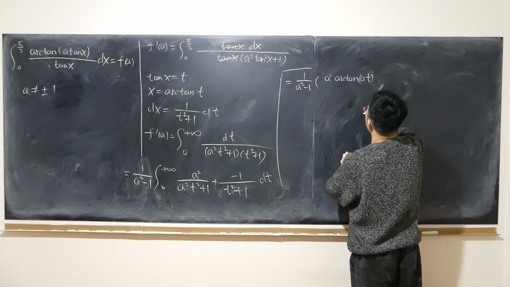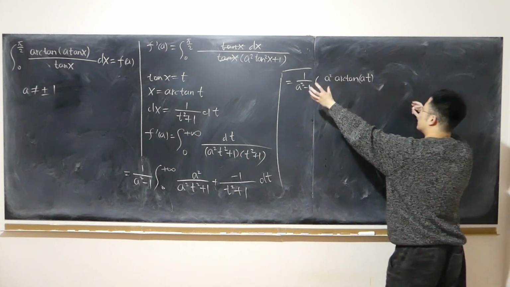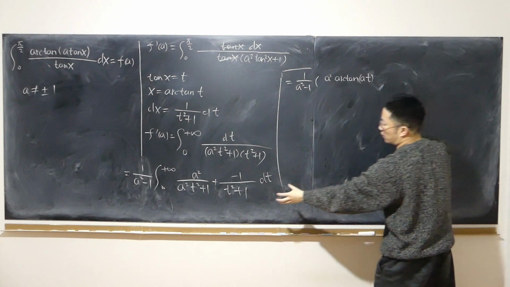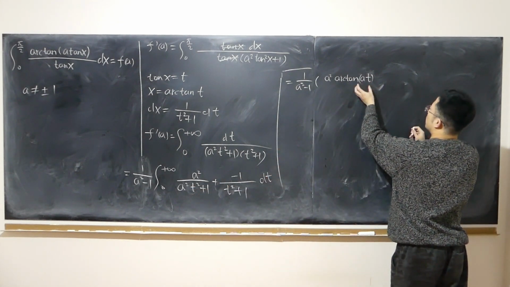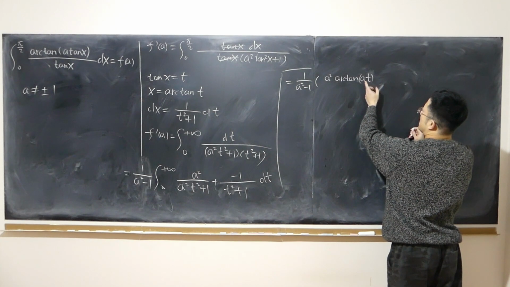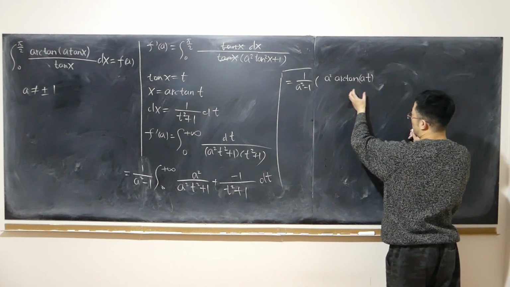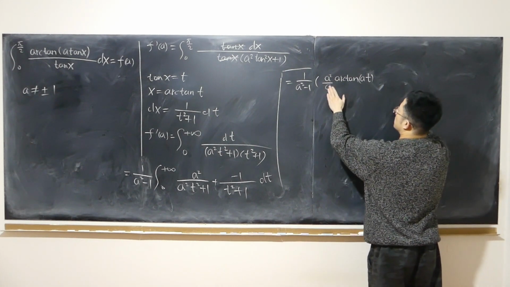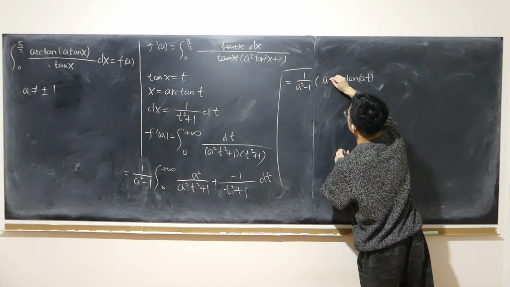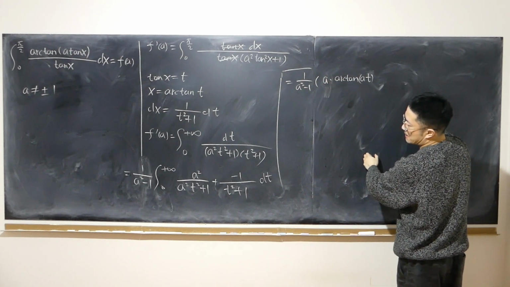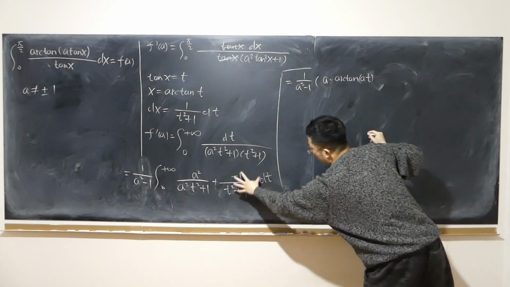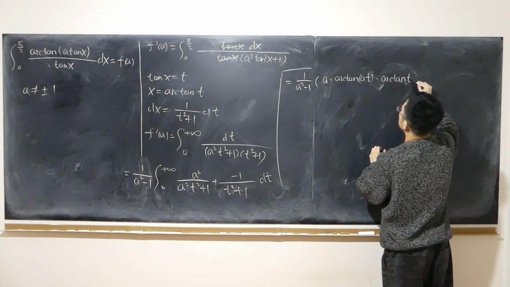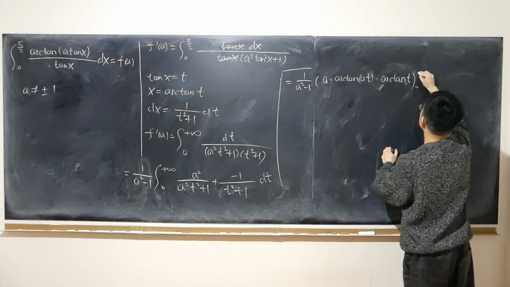To double check, to differentiate this, still I'm going to have a squared t squared plus 1 at the bottom. But I'm going to have to multiply by constant a. To cancel out the constant a, I have to divide by a. So that becomes just a. So a times arctangent of at, minus arctangent of t, and evaluate from 0 to positive infinity.